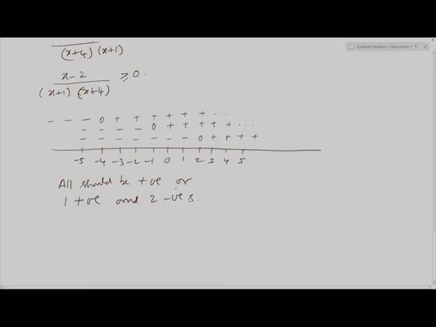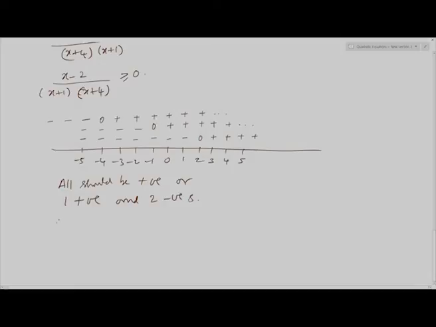Where is it occurring? For example, from 2 to infinity, all are positive, and one positive is happening only in this small interval, namely from -4 to -1.